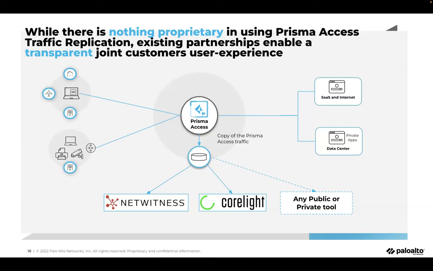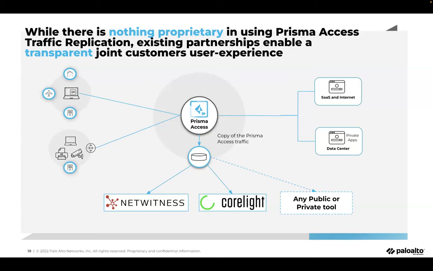So with our traffic replication, we are also enabling customers, in case they invested a lot in such tools, to continue to use them even if they adopt SASE in a pretty much transparent mode. So we have these partnerships running with NetWitness and Corelight.